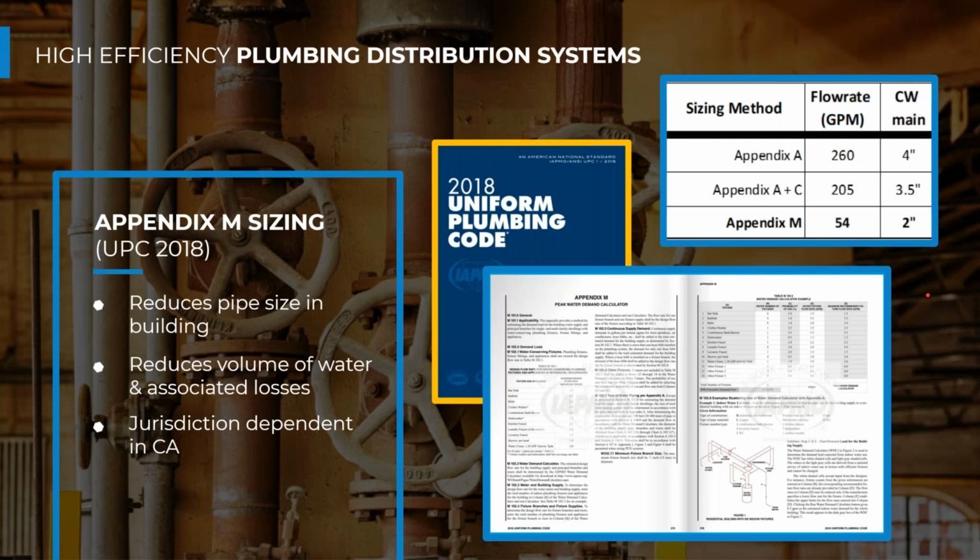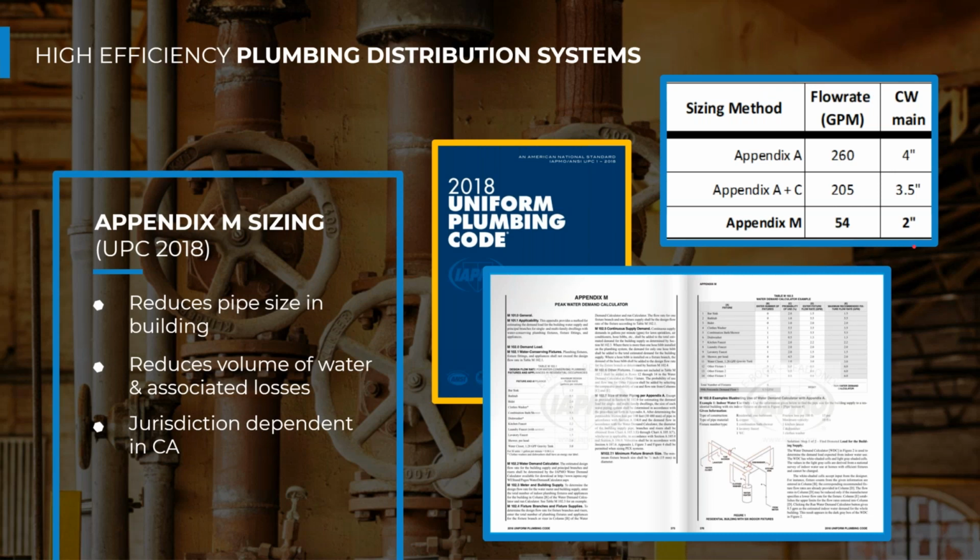The other really great way to both reduce first cost and to drive down the temperature maintenance losses is to size the plumbing distribution systems with a more appropriate sizing tool than Appendix A or Appendix A plus C. These are all UPC methods to size our hot and cold water systems.